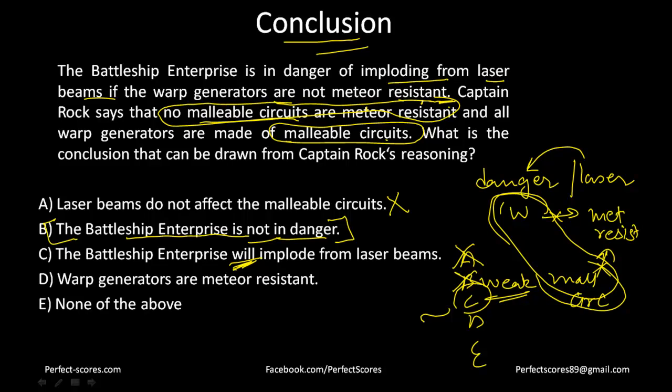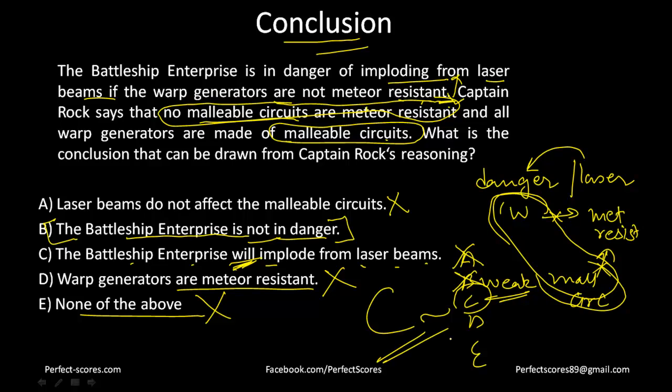So you can form the link over here very clearly. So we know that in any case the battleship Enterprise will implode. But let's go through options D and E as well. D says warp generators are meteor resistant, totally opposite, and E is none of the above. So the answer is going to be C.